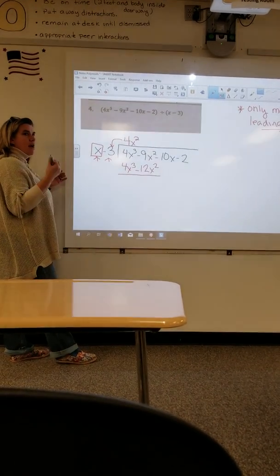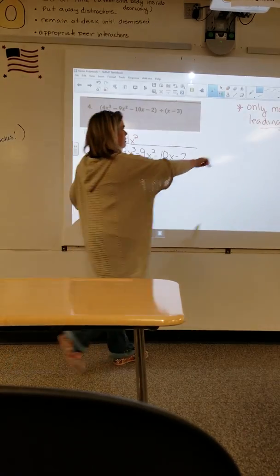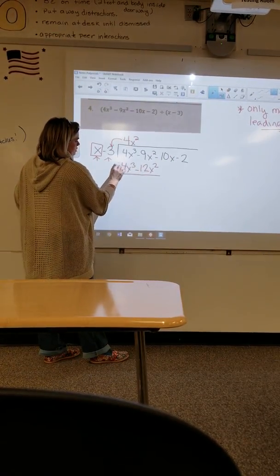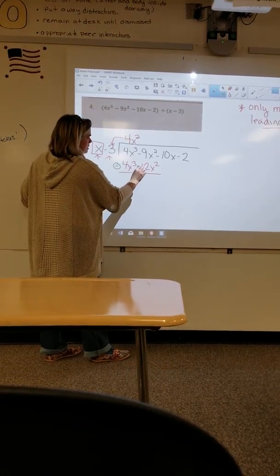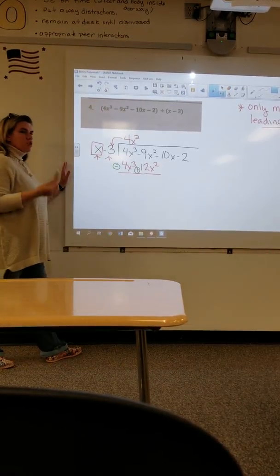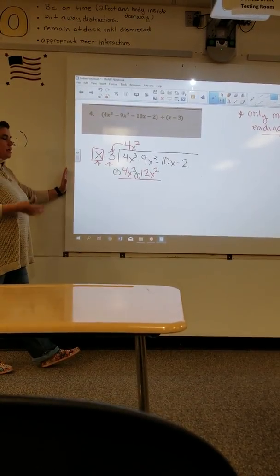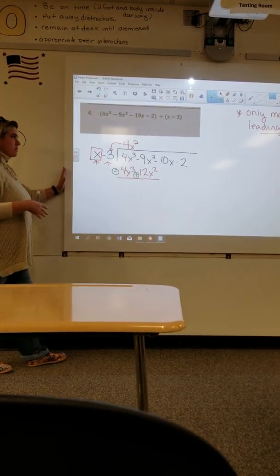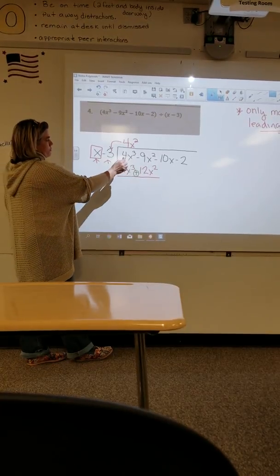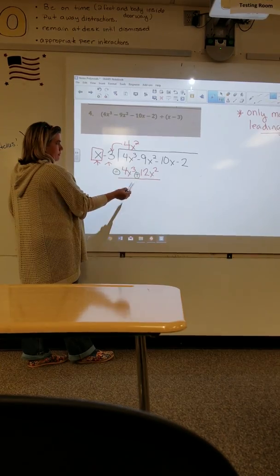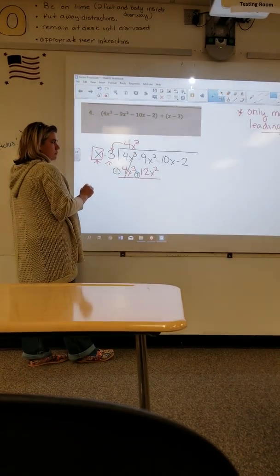Next, now we have to subtract. So this is minus, and that becomes a plus. Subtraction is a sign change. If you change your sign, then you've got everything lined up the way it is. So what it's going to look like is 4x to the third minus 4x to the third gives you what? 0, so it's going to cancel.